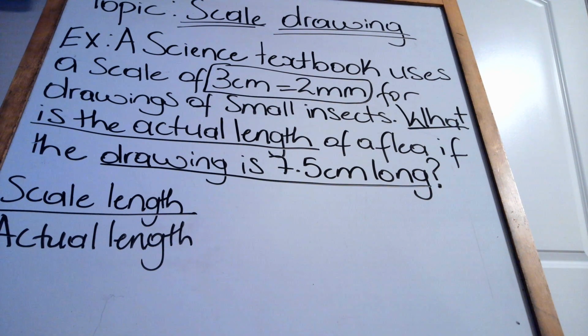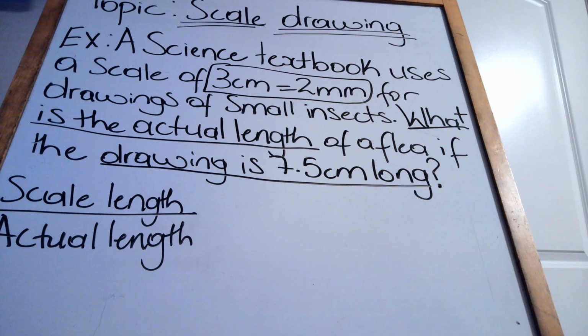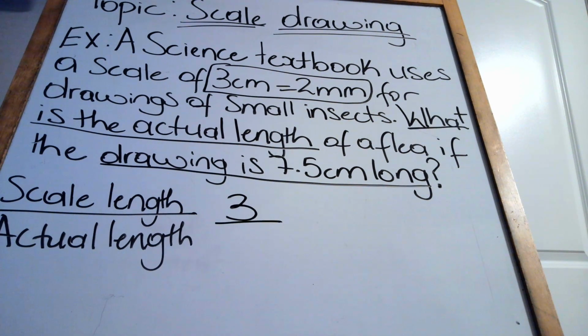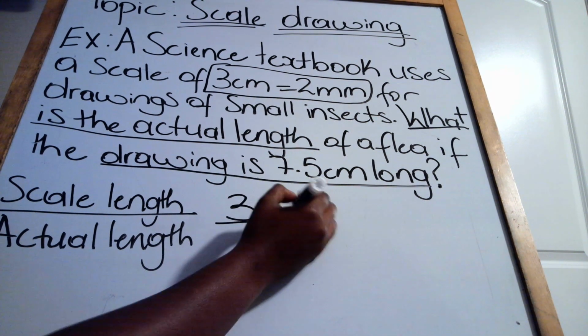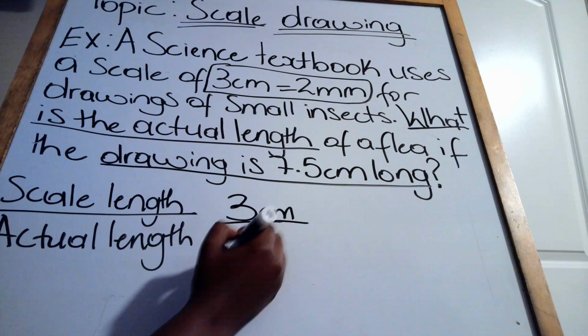So let's get into solving this problem. The first thing that we are going to do is to set the scale that is given in the question as a ratio in fraction form. The first term will go in the numerator of the fraction, and the second term will go in the denominator.